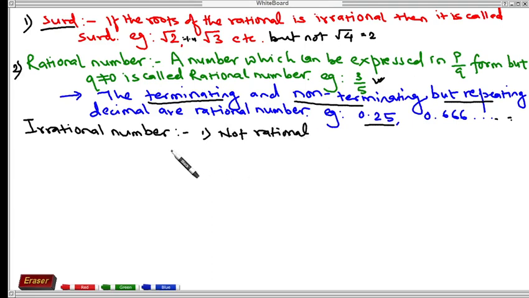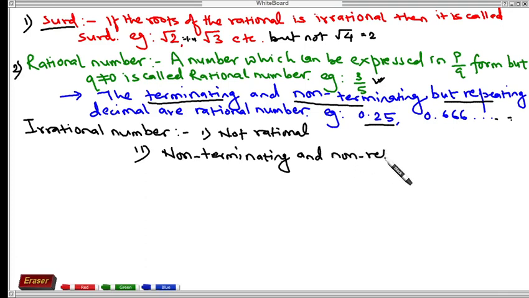And about irrational numbers, the first point is that it is not rational. In terms of decimals, non-terminating and non-repeating decimals are irrational numbers.